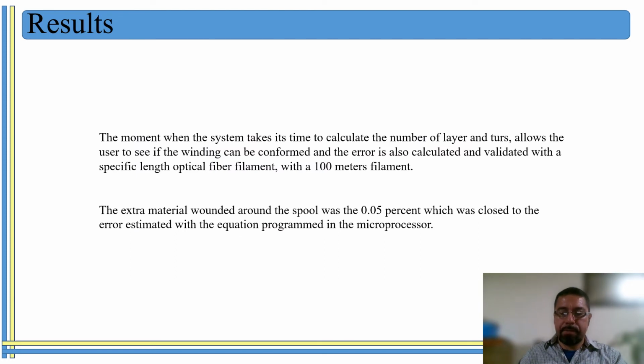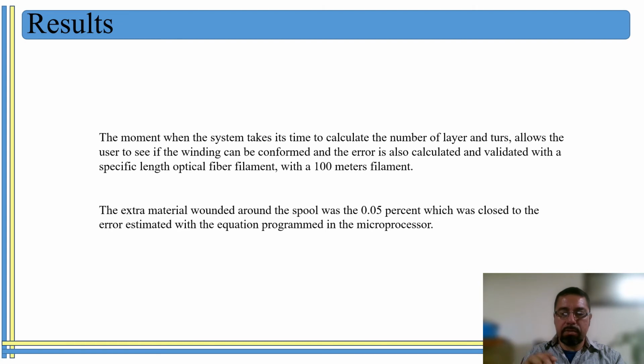Well, for example, when a design is needed, in this case the amount of meters that are going to be wound on the spool, basically you have to set some parameters. In this case, for example, the inner spool diameter, the outer spool diameter, and obviously the amount of optical fiber filament.